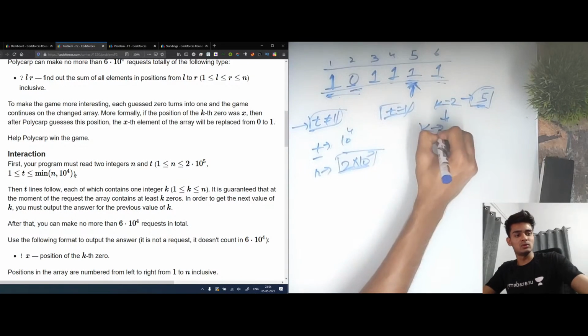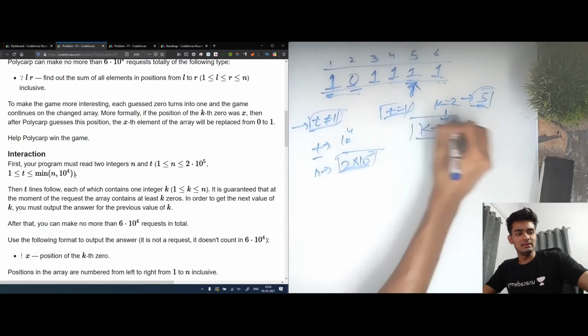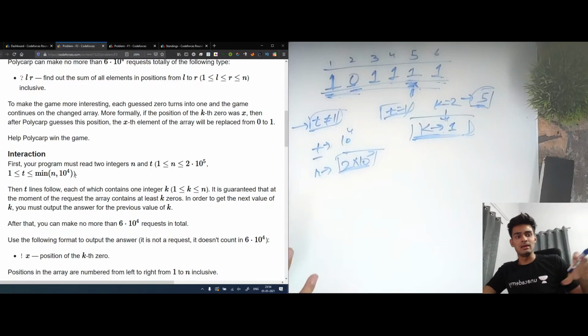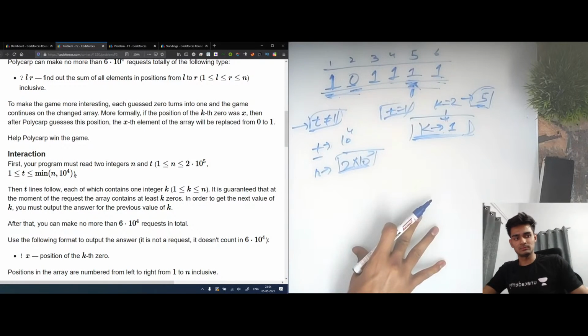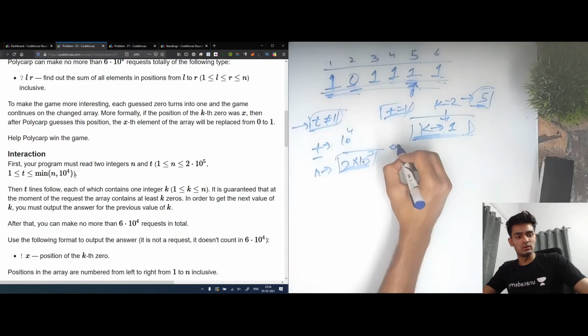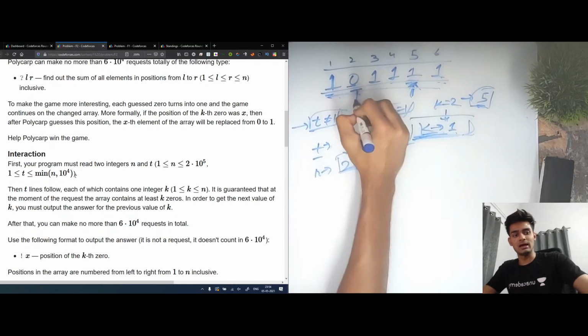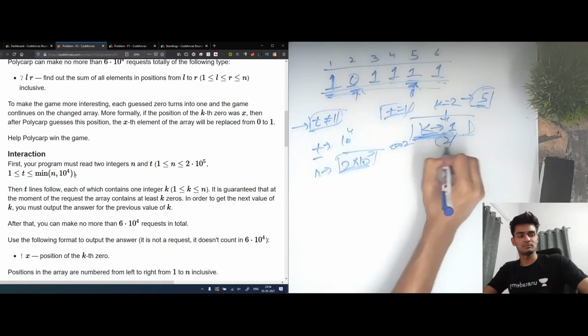Now this complete array only has one 0. They are also telling us that this k will always be less than or equal to the total number of zeros present in that array at that moment. So when t equals 2, they can only give us k equals 1. If they give us k equals 1, then the answer will be this index, that is 2.